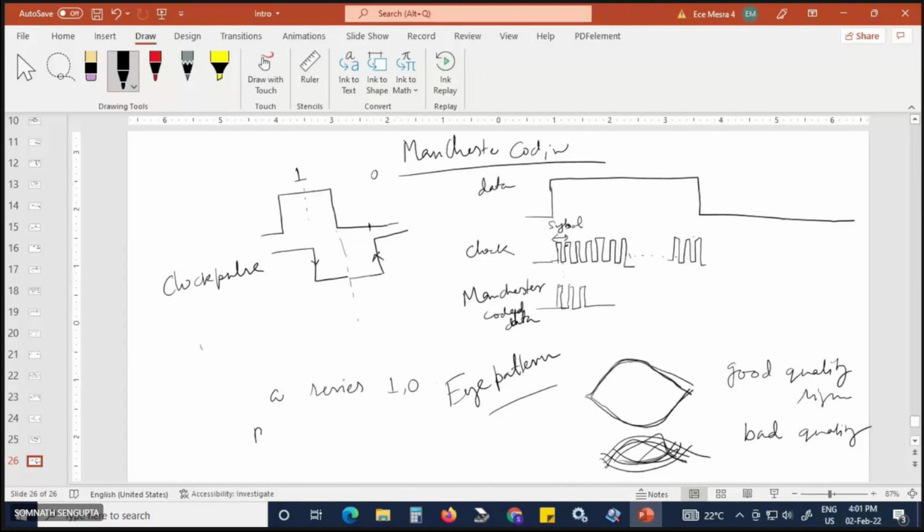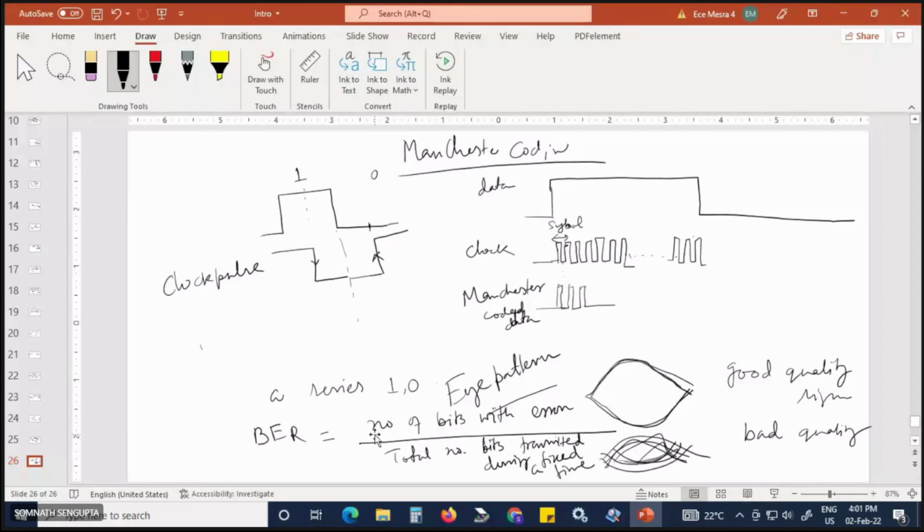Then what is bit error rate? The number of bits with error divided by the total number of bits transmitted during a fixed time.